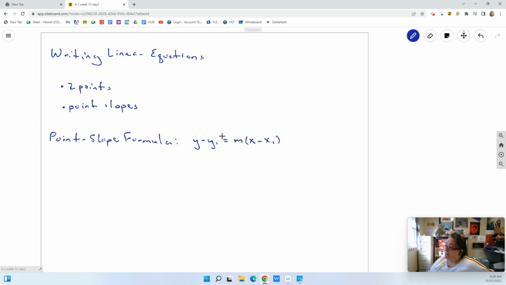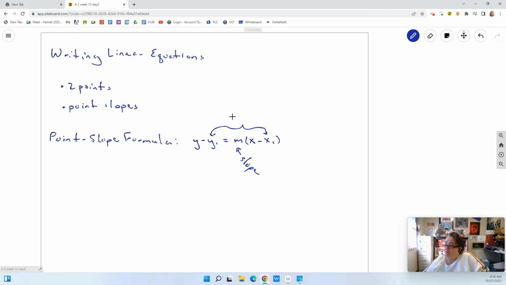Kind of lame. So m, just like with mx plus b, is still the slope, right? This y1 and x1 part right here, those are just any point. So if I have any point that's on that line, all our points have an xy value, right?